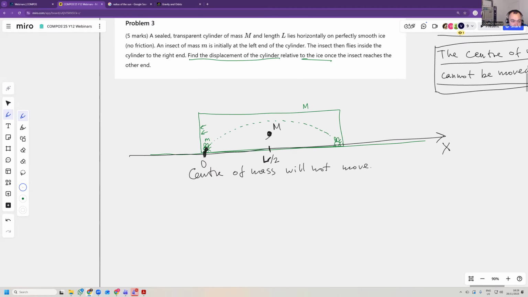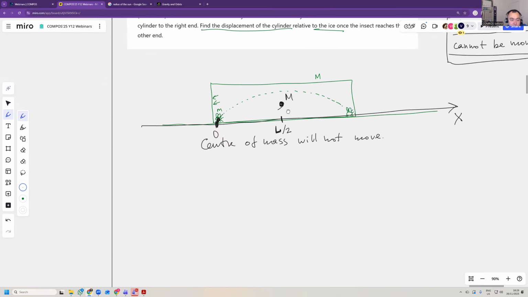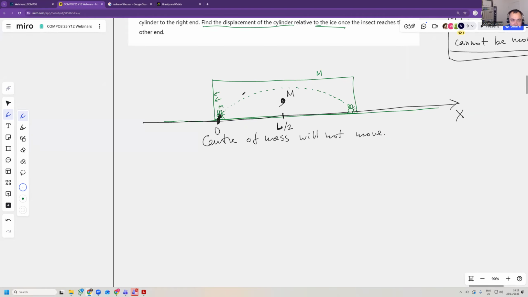Now, once the fly has moved, the whole cylinder has shifted. Let's say this is the new position of the container, and let's let that displacement be x. Is that a good idea? No, that's not a good idea. Let's make this d.